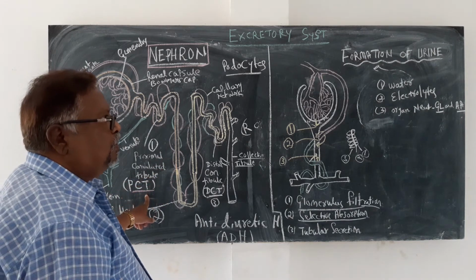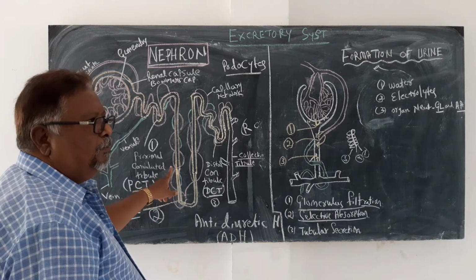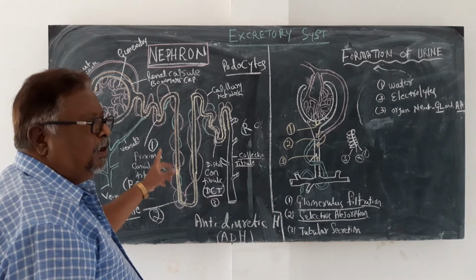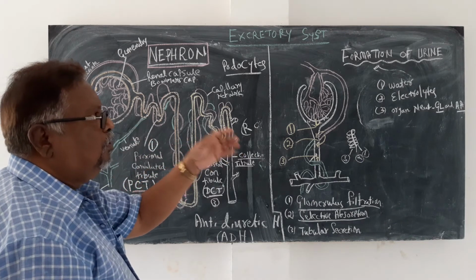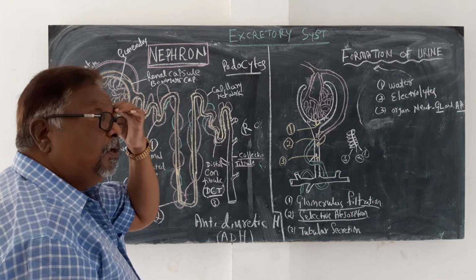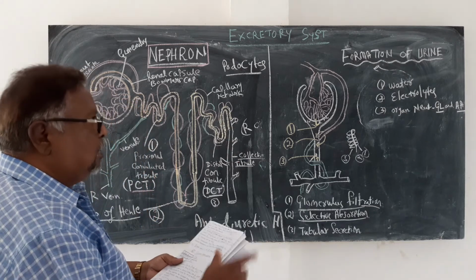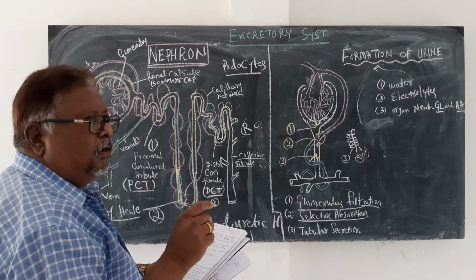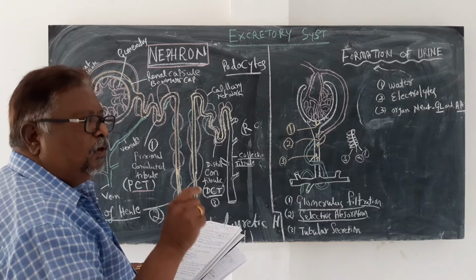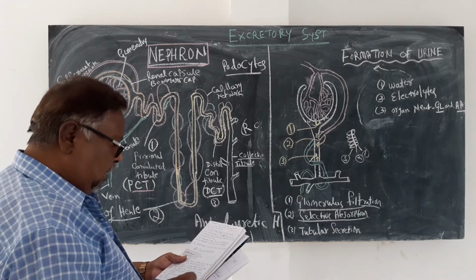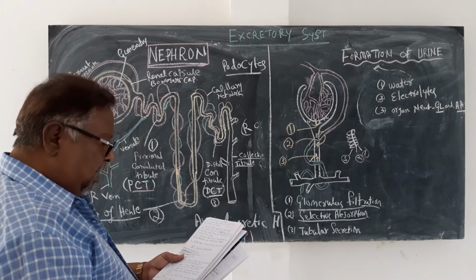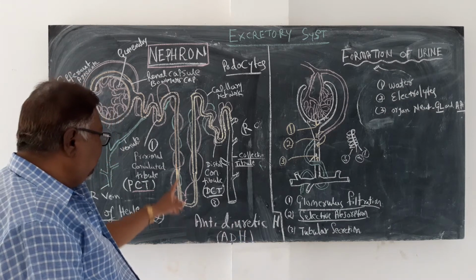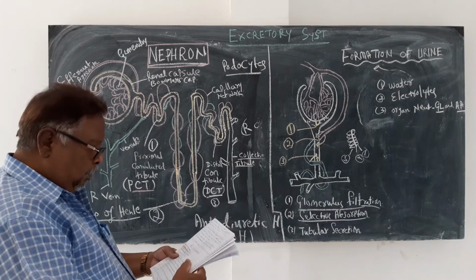The blood in the capillary reabsorbs the water, electrolytes and the organic nutrients. So only 60% remains of the 180 liters, and it passes to the loop of Henle.